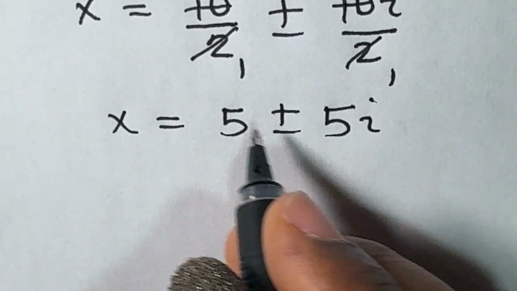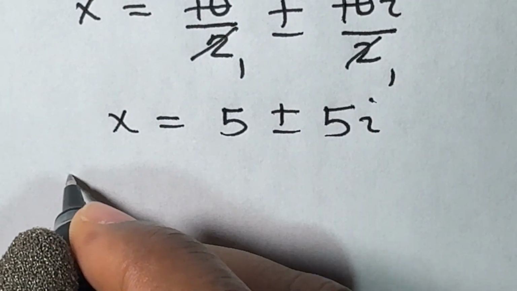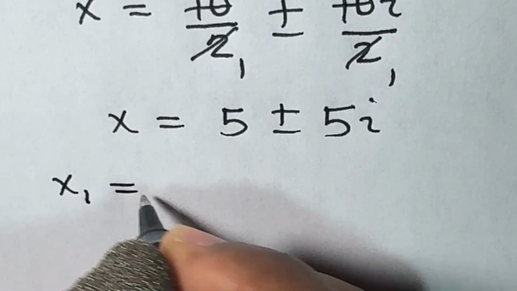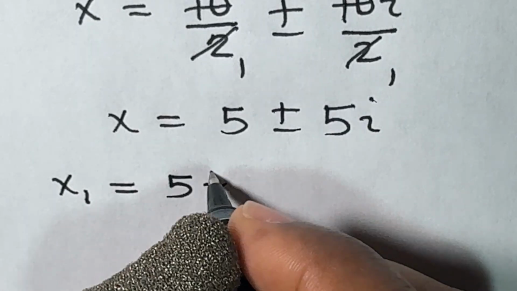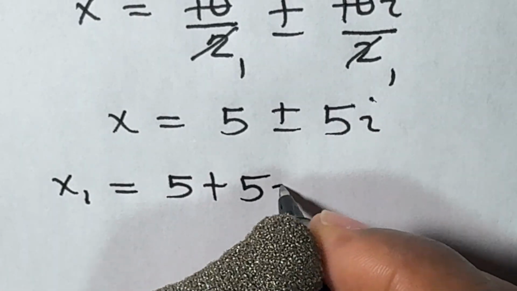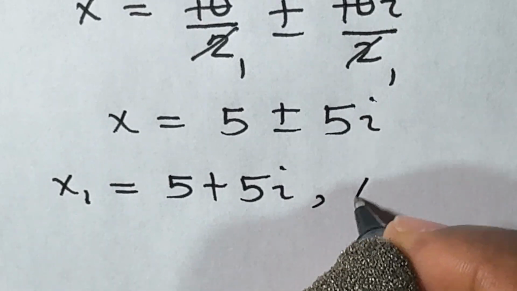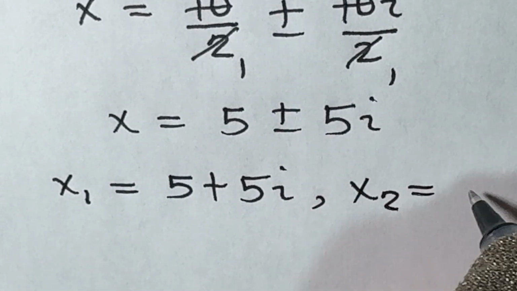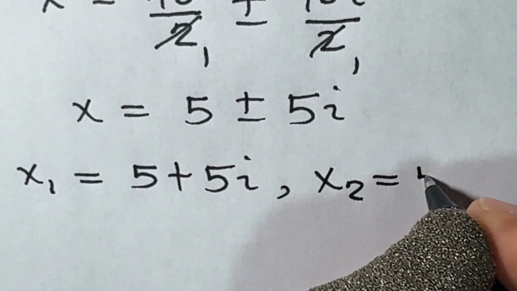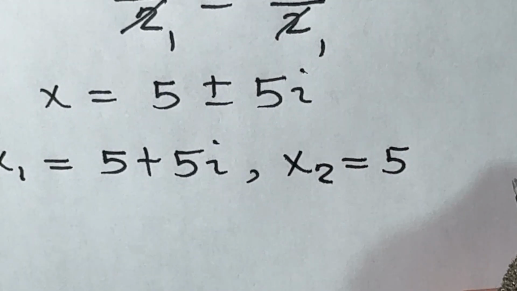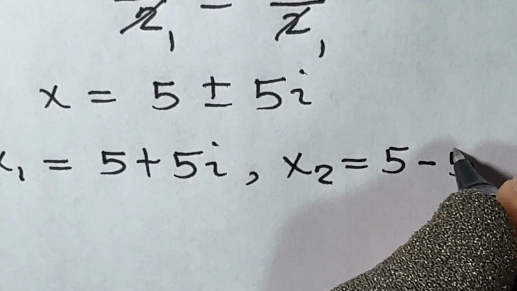Since we have two solutions in one here, we need to separate them into x1 is equal to 5 plus 5i, and x2 is equal to 5 minus 5i.